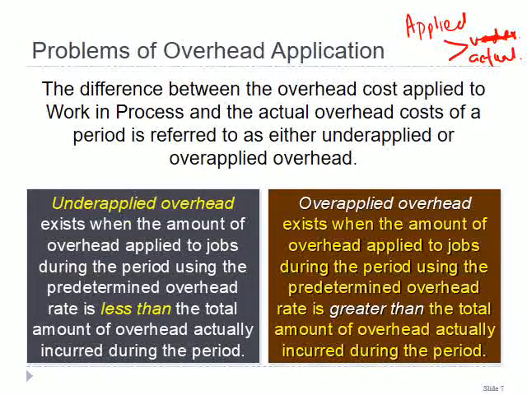So it means there is a problem, because applied overhead directly goes to the work in process, and that cost will go to the cost of goods sold, and from there we can find out our profit or loss.